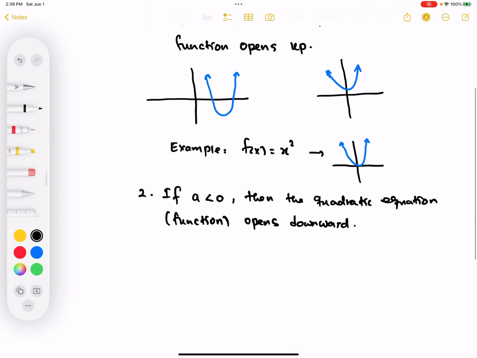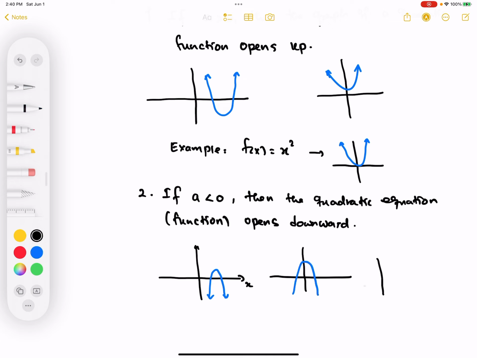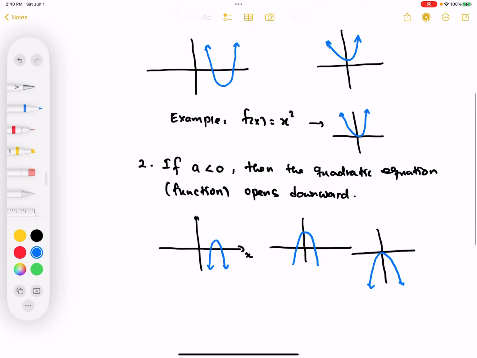Let's see such a graph. For example, if you have x and y axes, the graph looks like this and opens down, or it can be any graph of a quadratic function which opens down. For example, in order to compare with the first case, you can use this example.